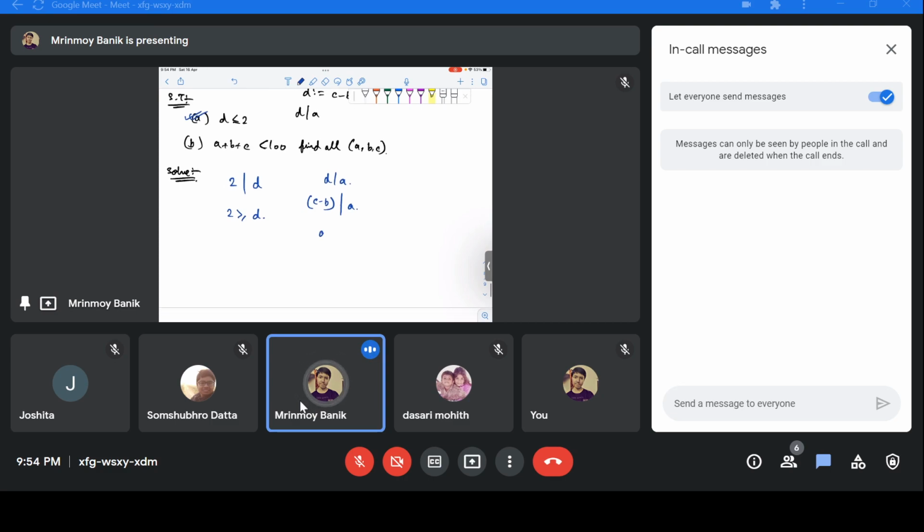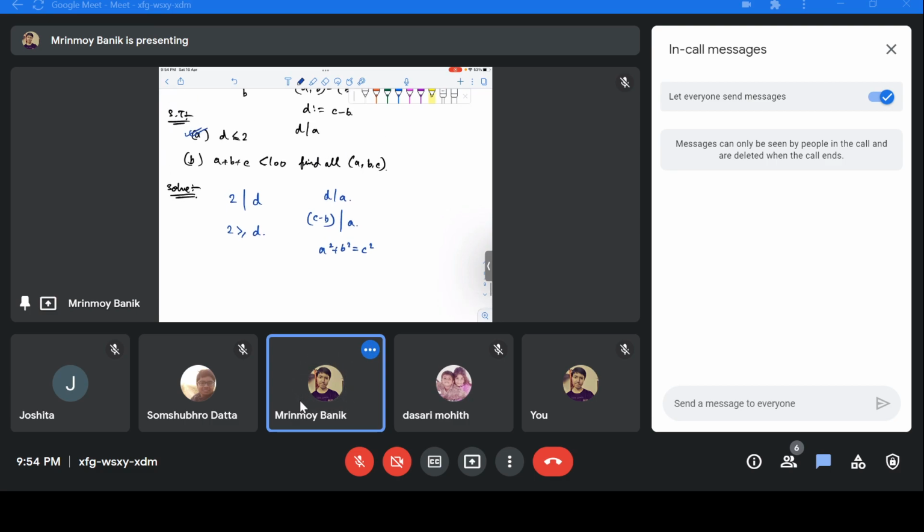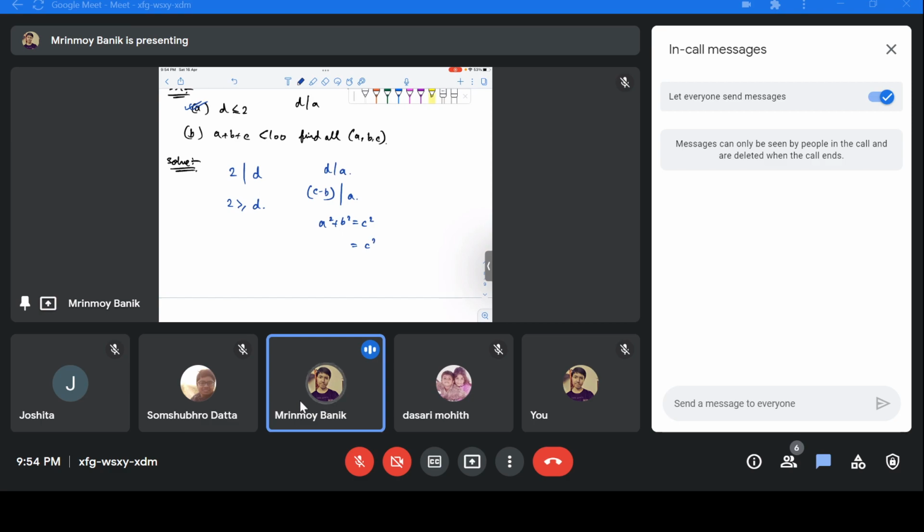We also have A squared plus B squared equals C squared from Pythagoras. So C squared minus B squared is A squared. So C minus B into C plus B is A squared.